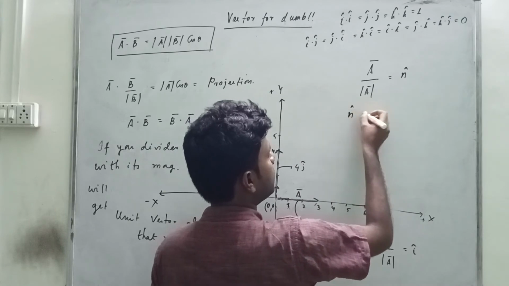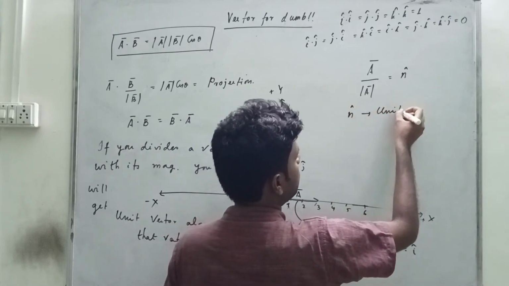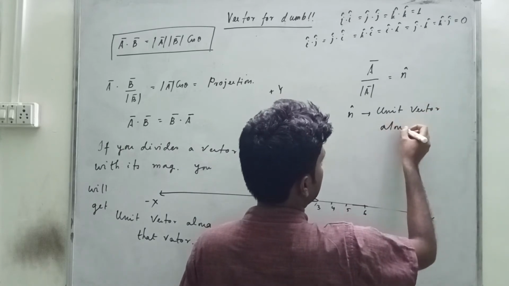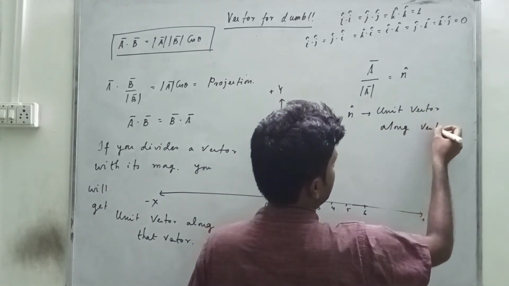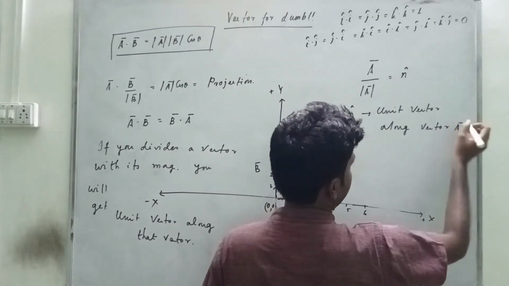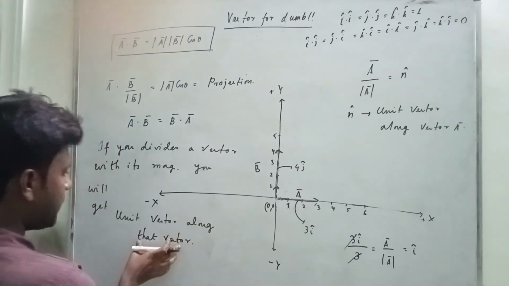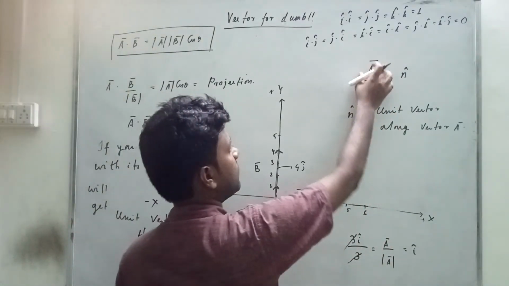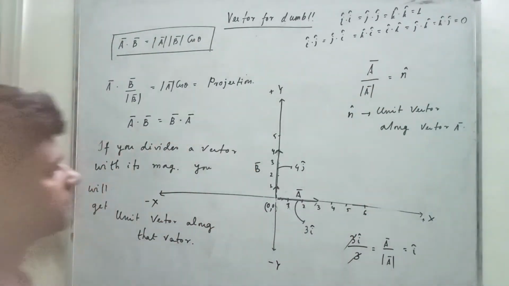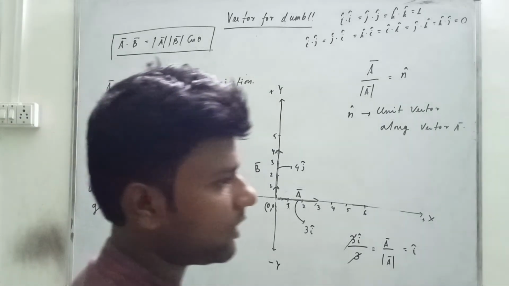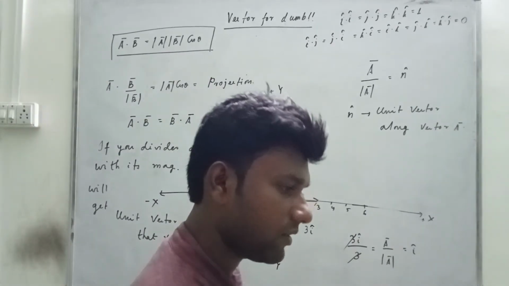Basically, n hat is actually the unit vector along vector A, right? Because it is a unit vector along that vector. So these are very crucial findings. Okay. So if you divide the vector by its magnitude, you will get the unit vector along that vector.